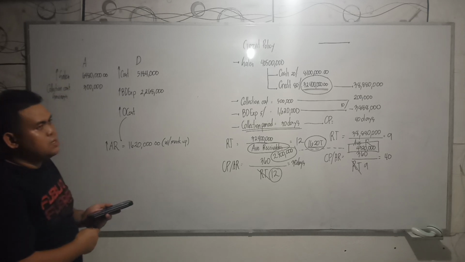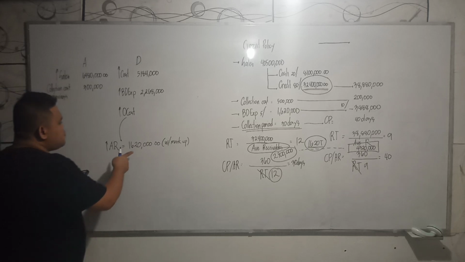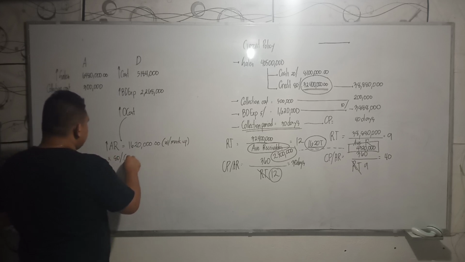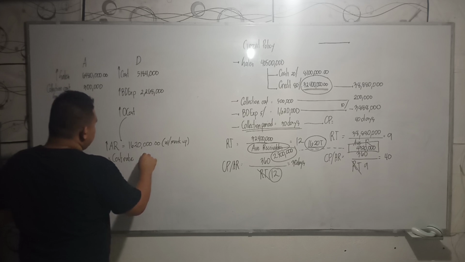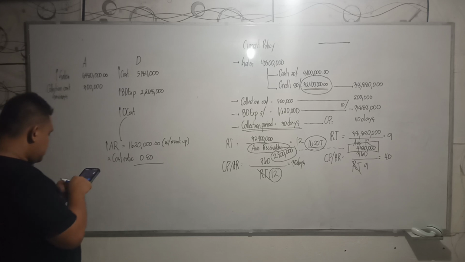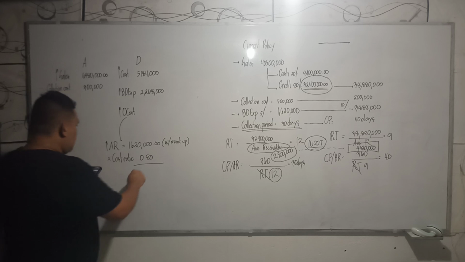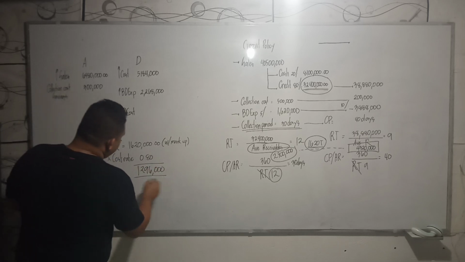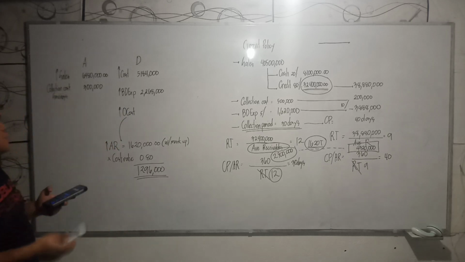Even if it's not said explicitly in the problem, we have to get the markup. So how do we get it? By multiplying by the cost ratio, which is 80% or 0.80. So 1,620 times 0.80 is 1,296,000. That is the receivable without the markup.